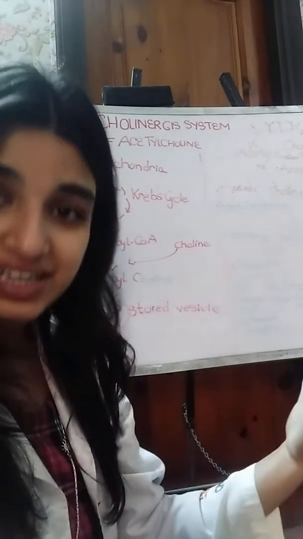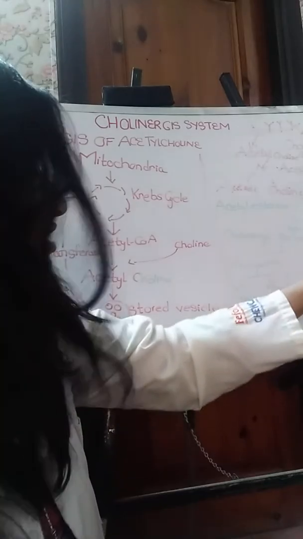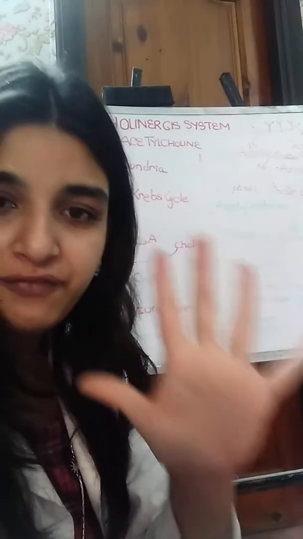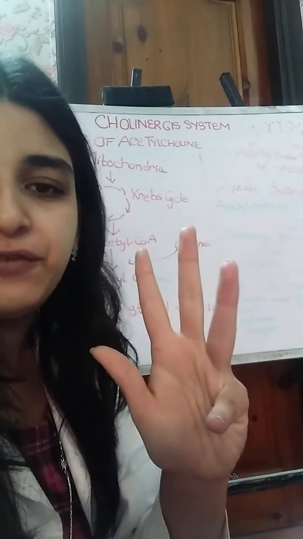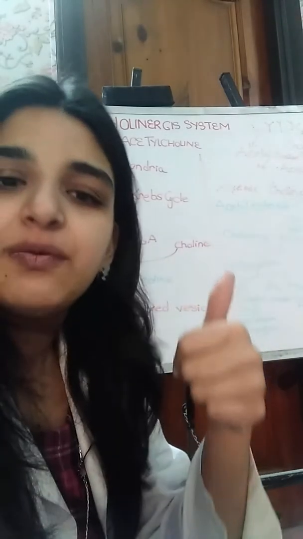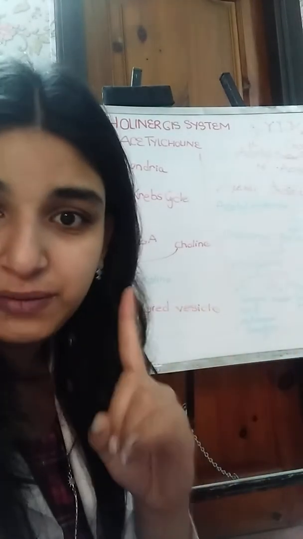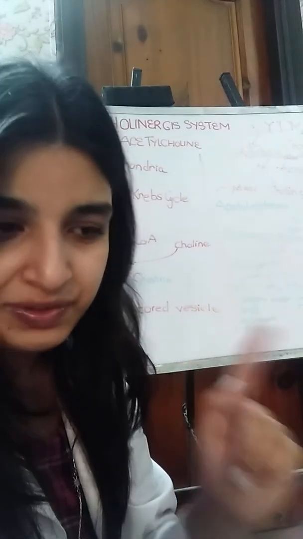So for our easiness, we divide them into two types, muscarinic and nicotinic. Muscarinic is further divided into 5 categories: M1, M2, M3, M4, and M5. Where is M1 located? For ease, you see, there's only one brain in our body, so obviously M1 is in your central nervous system.